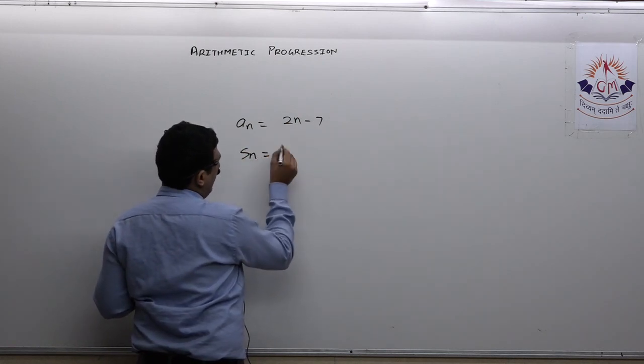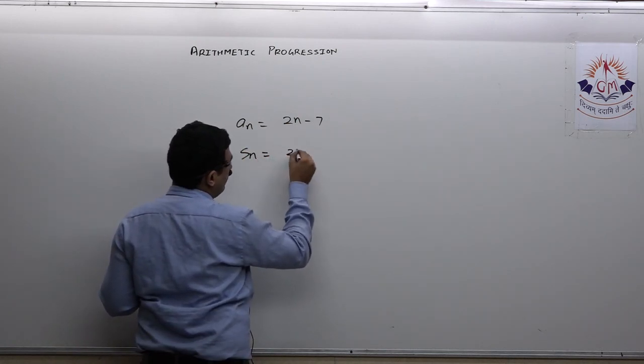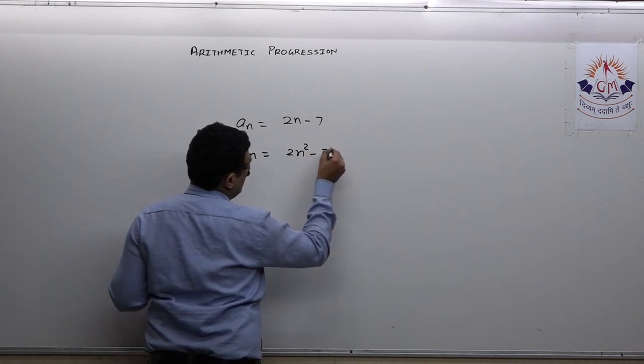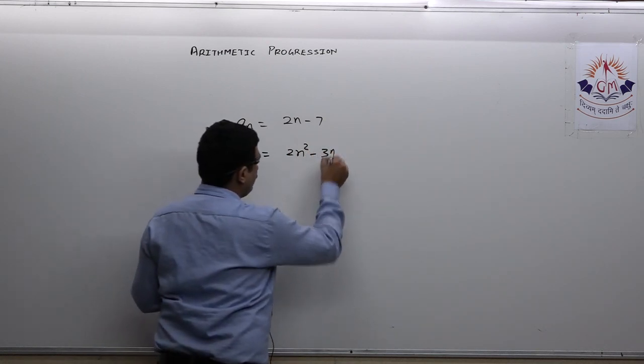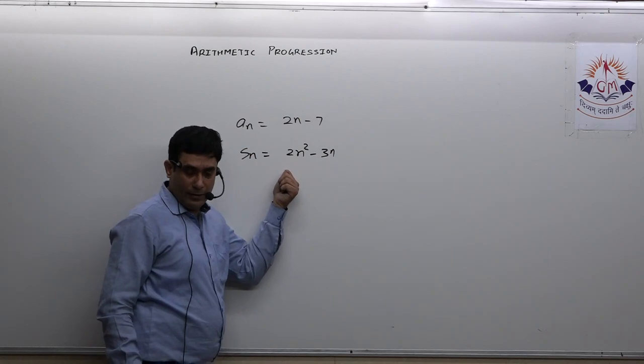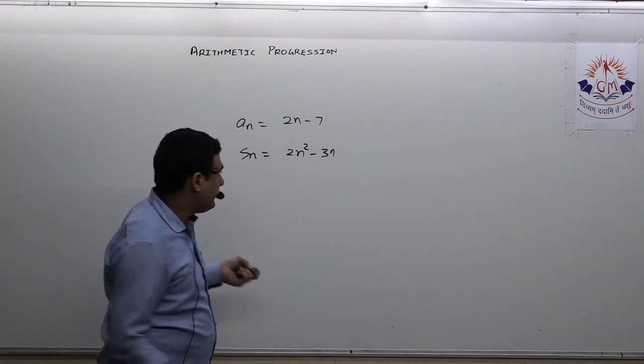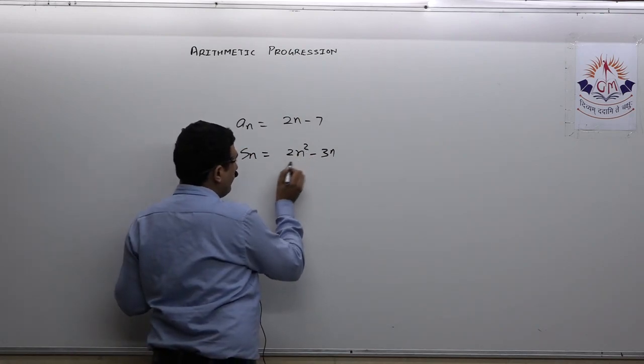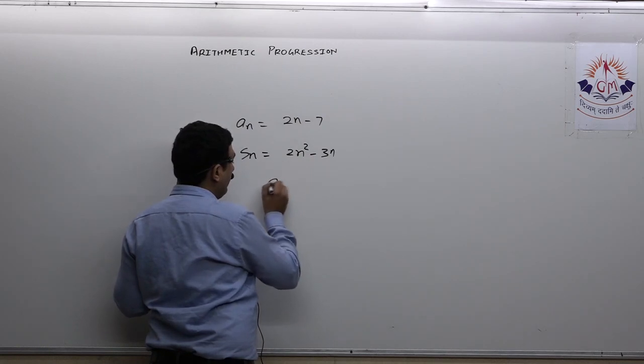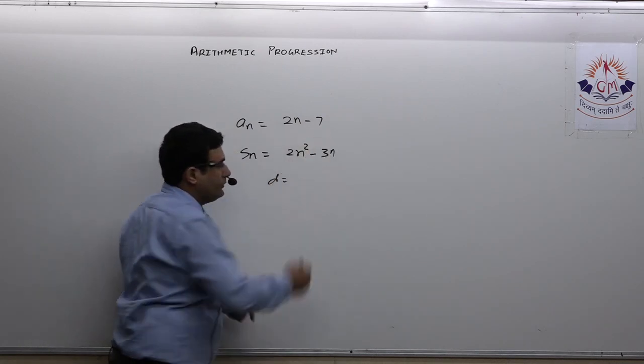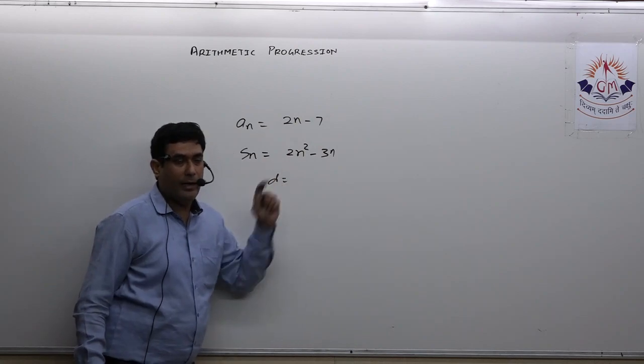Now suppose you have an expression Sn equal to 2n square minus 3, then definitely this also represents an AP, and the common difference is twice the coefficient of n square in case of Sn.